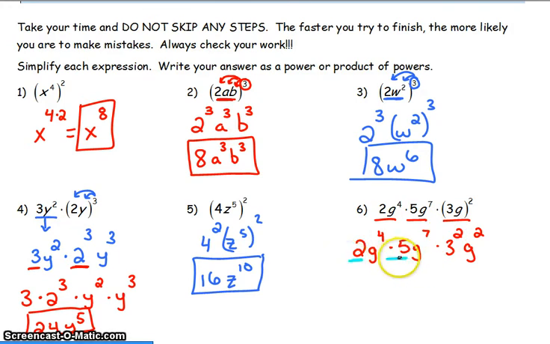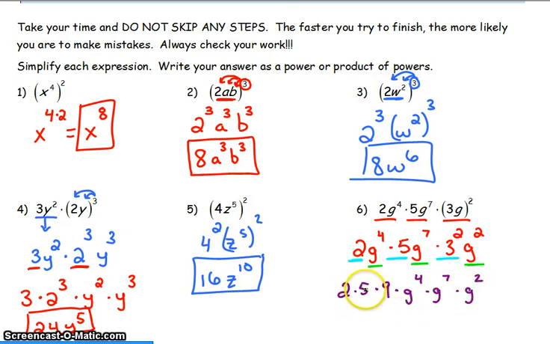Group it. 2 times 5 times 3 squared. 3 squared is 9. And then I will group the g to the 4th times g to the 7th times g to the 2nd power.